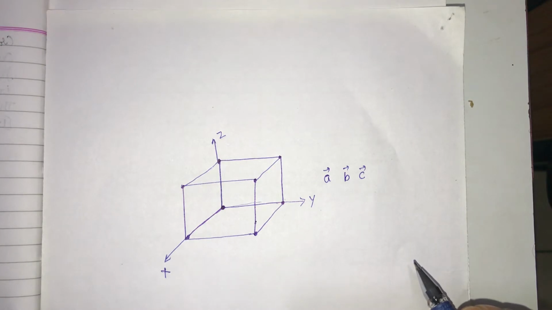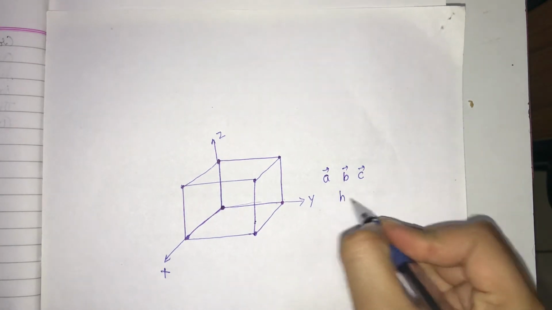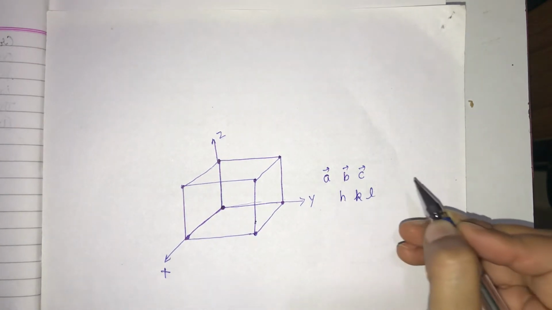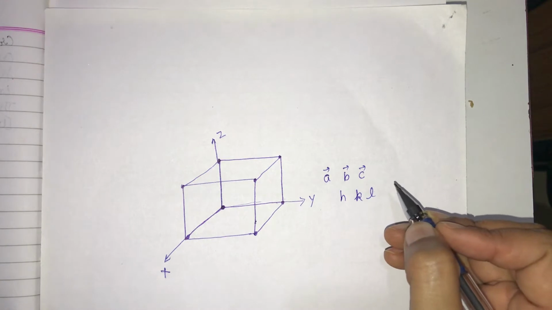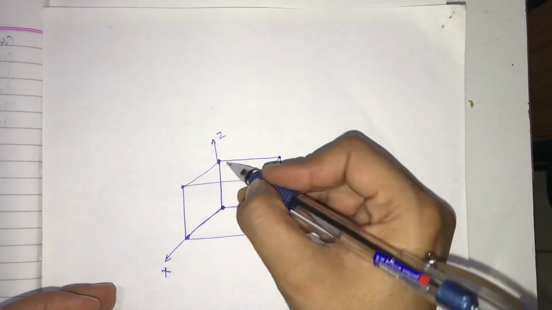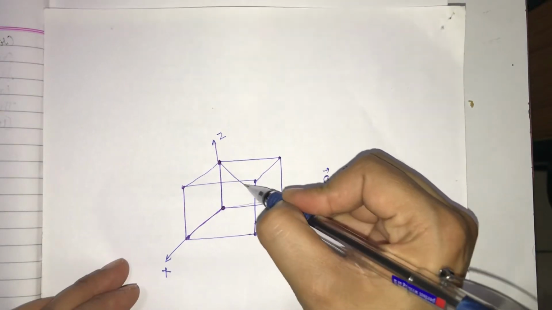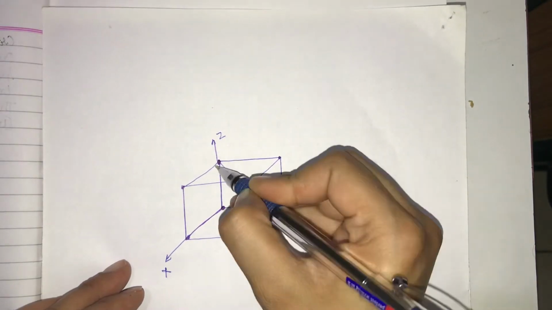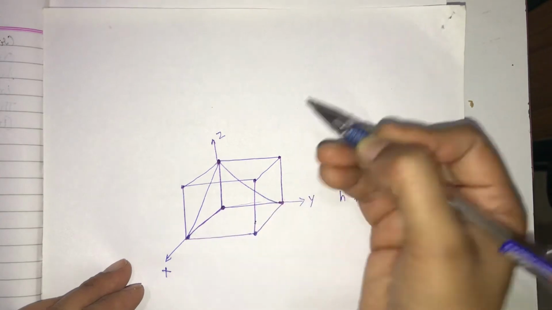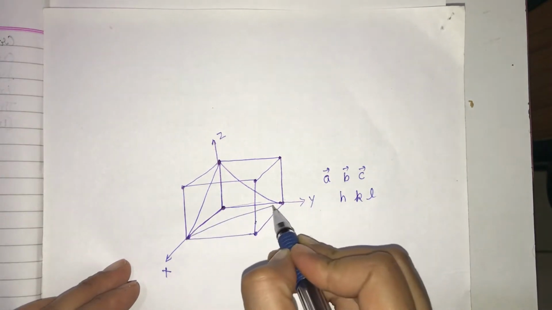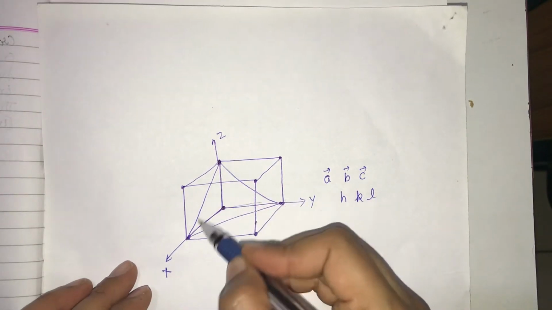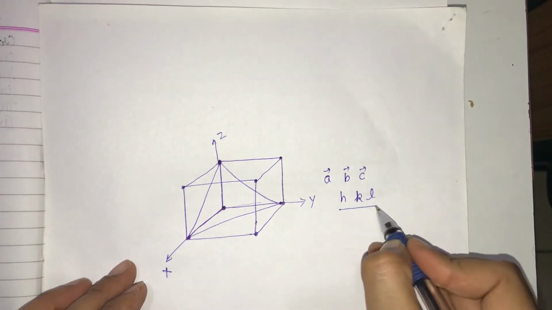Now next consider a family of parallel planes having Miller indices HKL. For this I have chosen this plane. If I join this point with this point and with this, I get the plane which has Miller indices HKL.